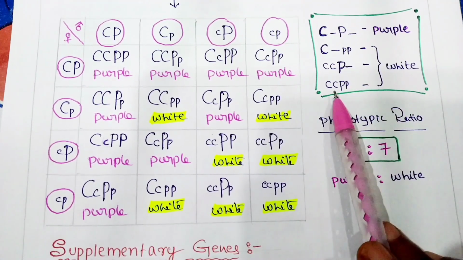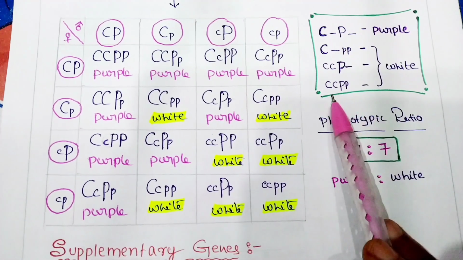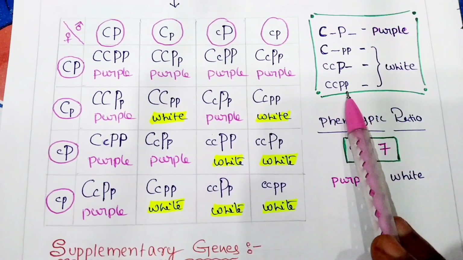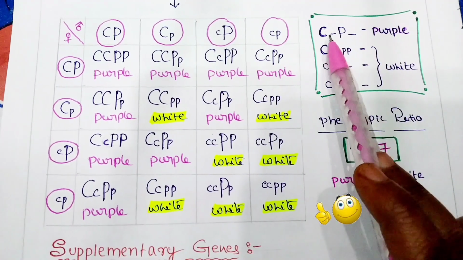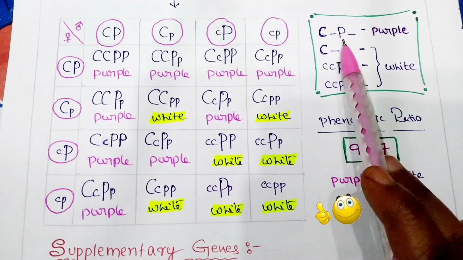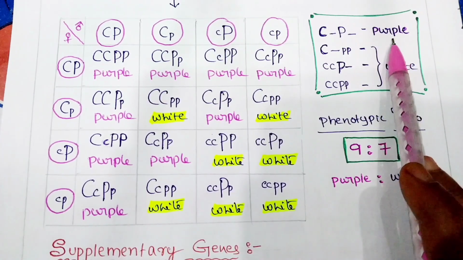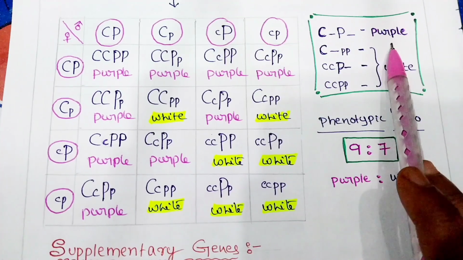If both capital genes are absent, resulting in small c, small p, it will also produce white color. Only when capital C and capital P are present do the flowers produce purple color due to anthocyanin pigment formation.